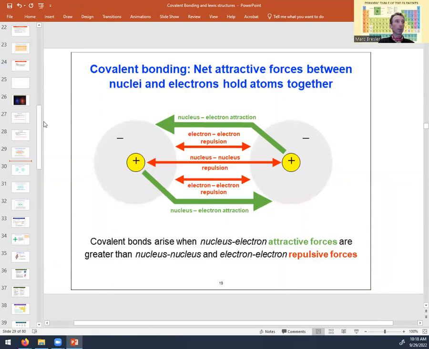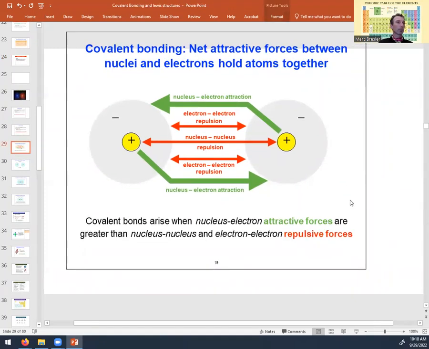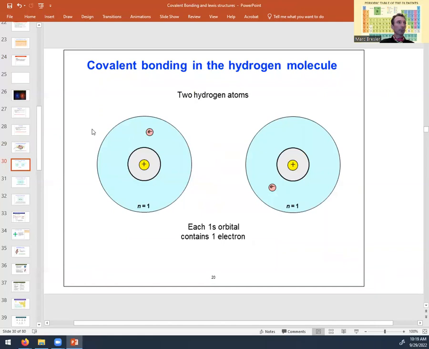The nucleus will be attracted to electrons, but the electrons repel each other, and the nuclei repel each other. So there has to be a balance of a cloud of electrons in the interior so that the atoms will hold together. It acts like glue. Covalent bonding with the hydrogen molecule is shown here.